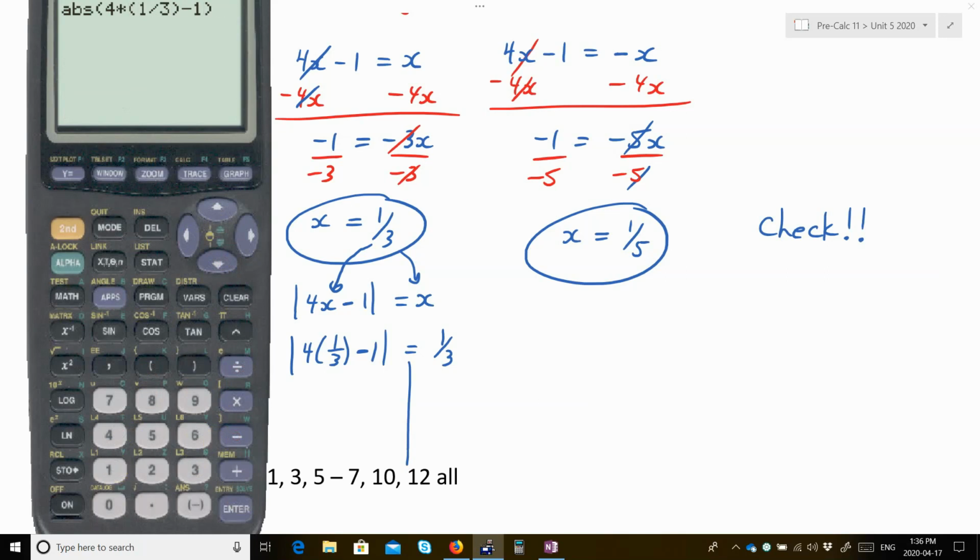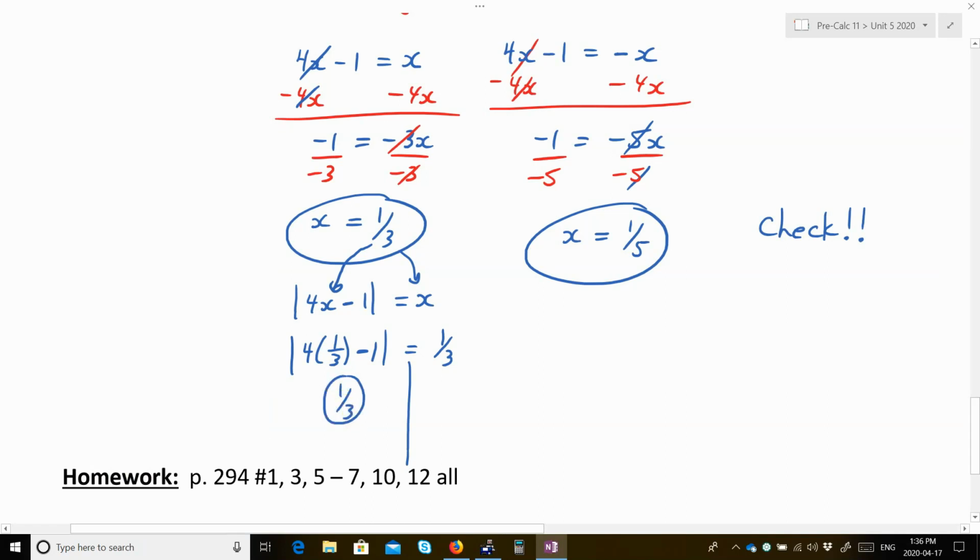We want to know if that's going to equal 1/3. Press enter, I get 0.3 repeating. If I go math, and notice in math there's that fraction 1, so press enter on it, enter again. Hey, I get 1/3. So this is 1/3. It works out to that side. That's a good answer.